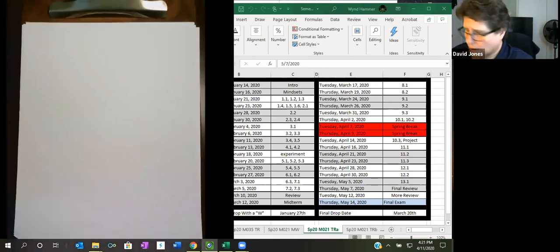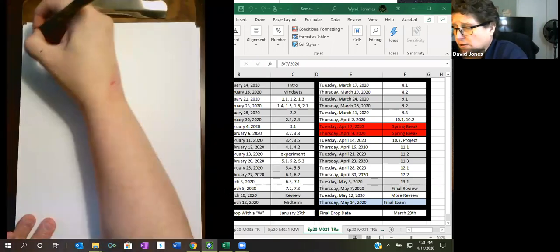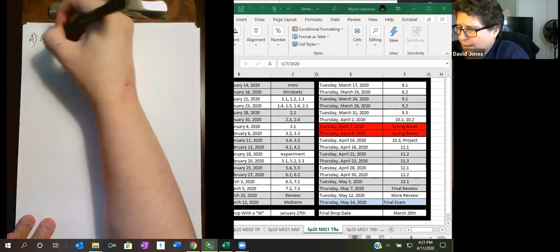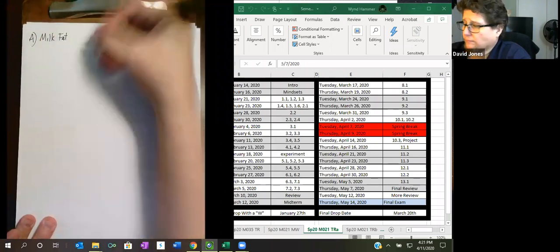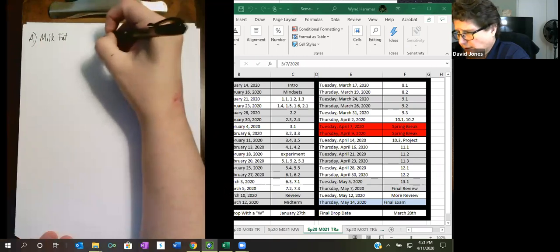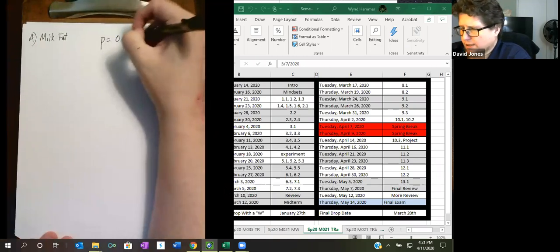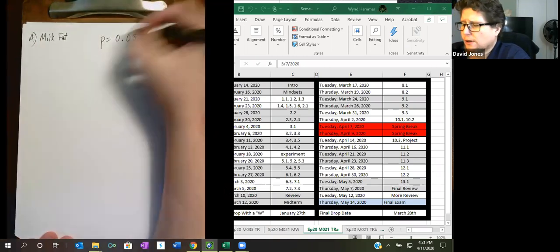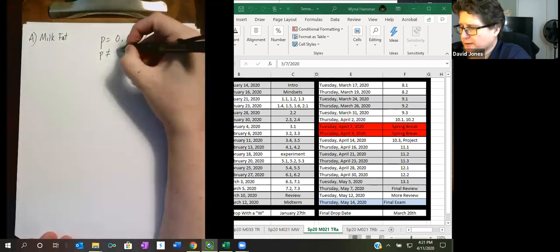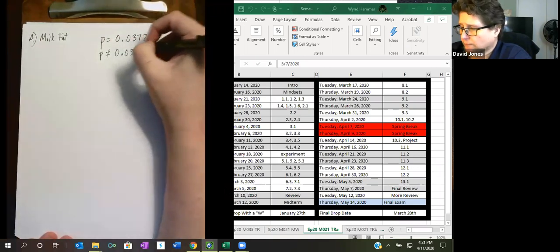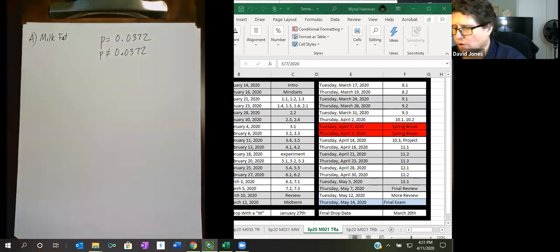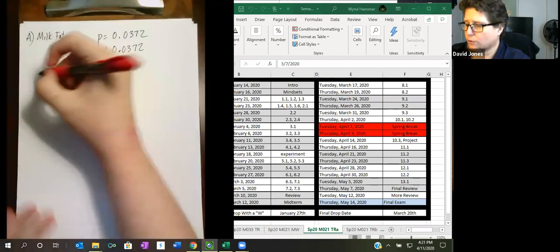So the milk fat problem, or the milk fat hypothesis. The old claim said that P was 0.0372, and researchers assumed it to be different. Which is H0 and which is HA?